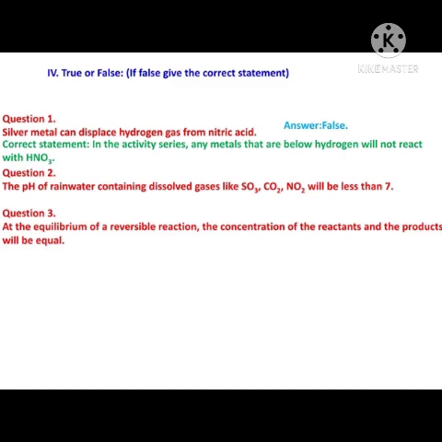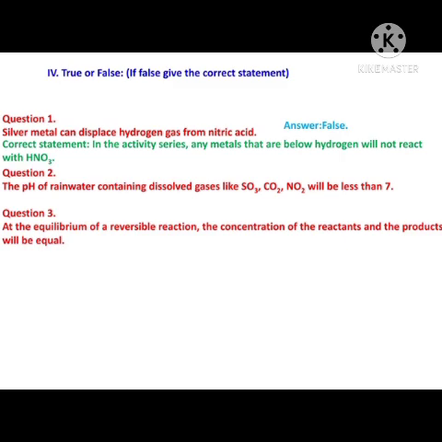Nitrogen dioxide reacts with water to form nitric acid, that is also an acid. We already studied that a pH value less than 7 is an acidic solution. So these gases react with water and produce acid in the solution. So our rainwater contains acid. So definitely the pH value is less than 7. So this statement is true.